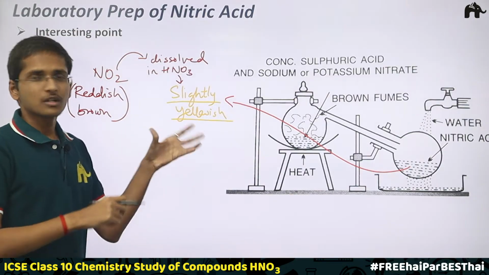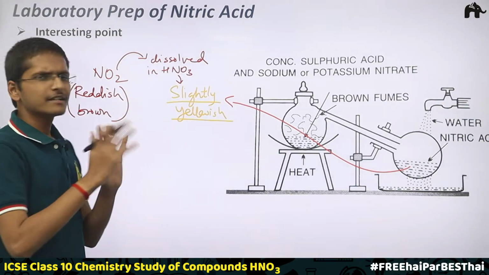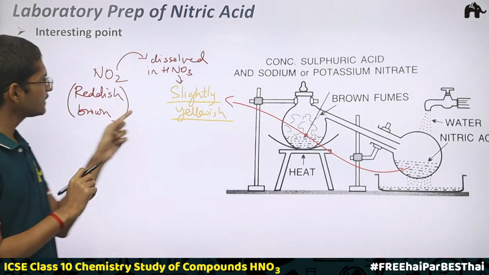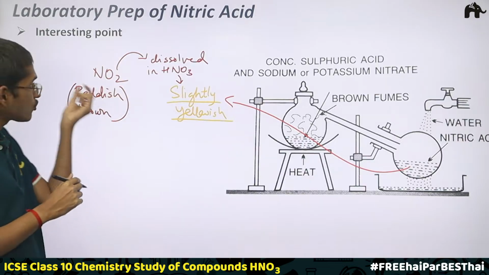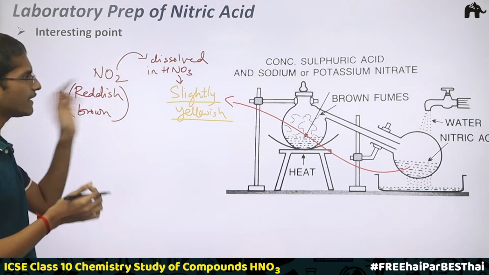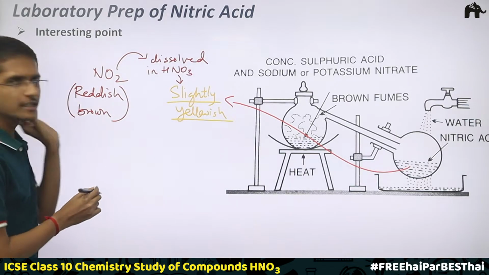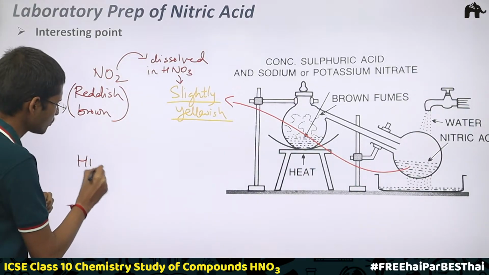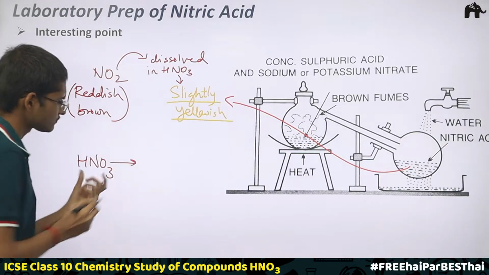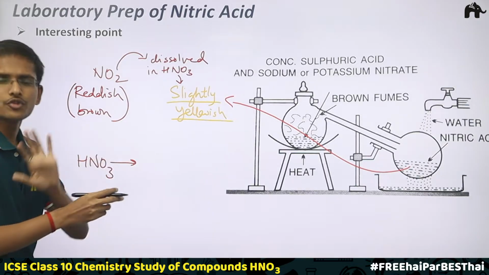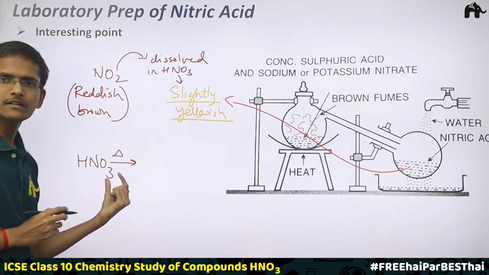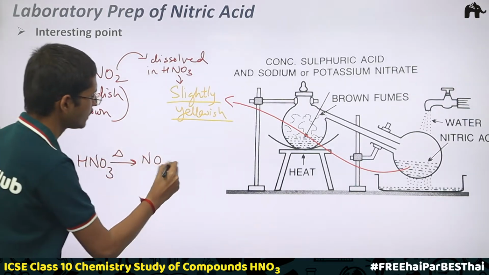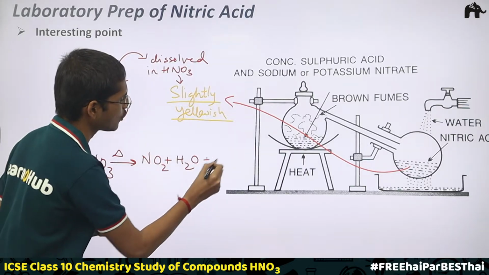But now we need to figure out the way to make it colorless again. But before that, let's understand from where this nitrogen dioxide gas came. That's the valid question first. So this nitrogen dioxide came from the nitric acid itself. Some portion of nitric acid gets decomposed because of the heat, and it forms this nitrogen dioxide gas along with water and oxygen.